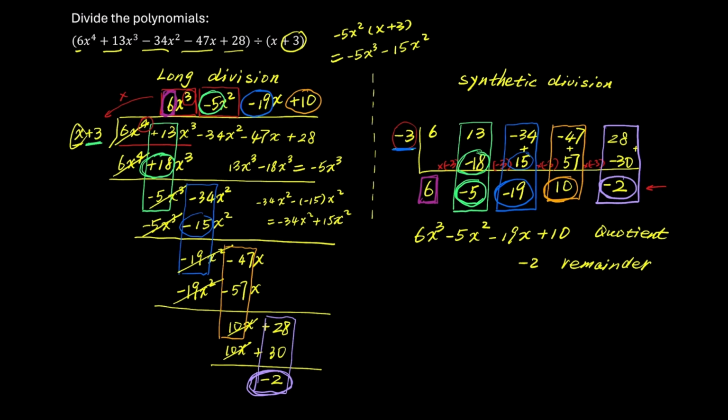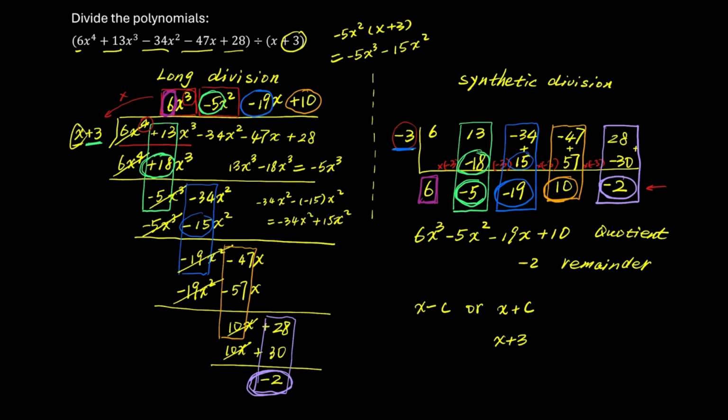So while synthetic division is a super handy shortcut, it's worth keeping in mind that standard synthetic division is typically used when dividing binomials, which have the form x minus c or x plus c. As in our case, we have x plus 3. Okay, so c can be any number.